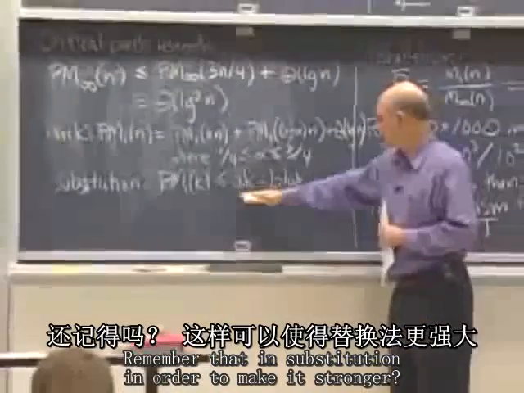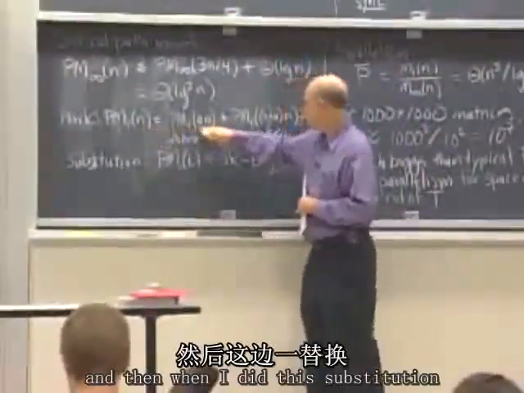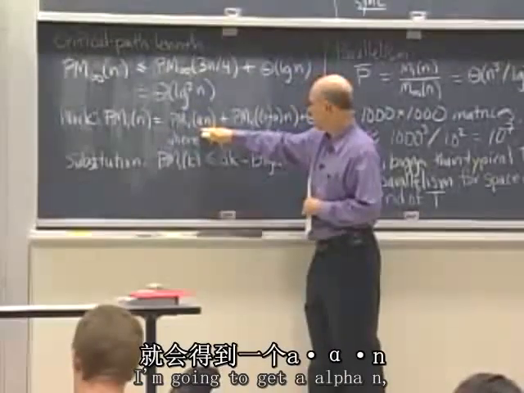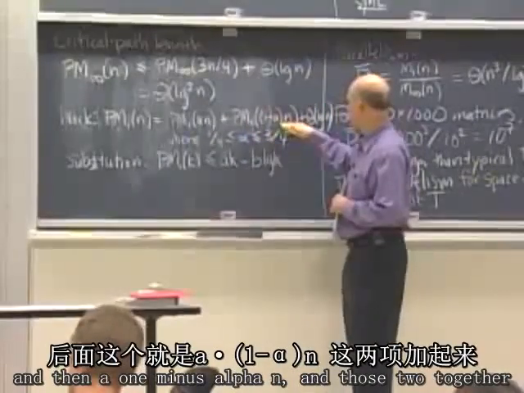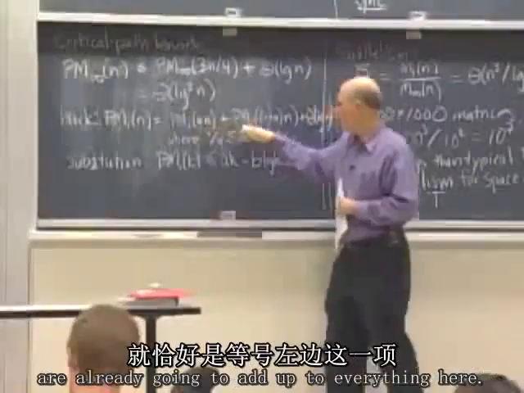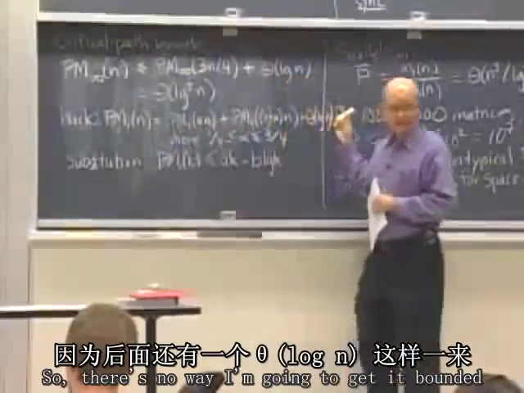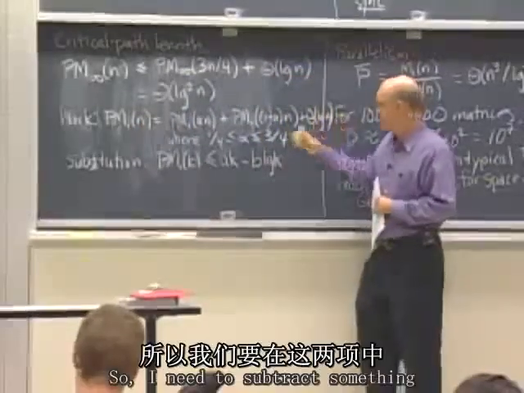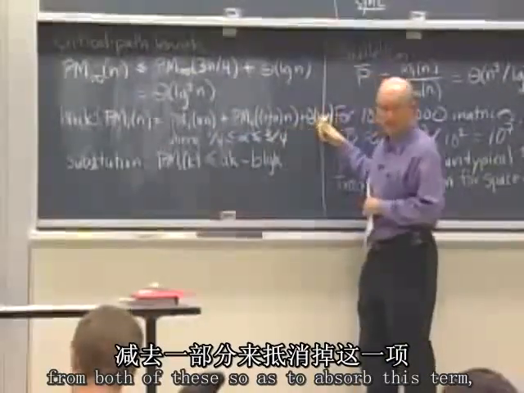If I just did ak, it's not going to work, because when I do the substitution, I'm going to get a alpha n, and then a 1 minus alpha n, and those two together are already going to add up to everything here. So there's no way I'm going to get it bounded when I add this term in. So I need to subtract something from both of these so as to absorb this term.